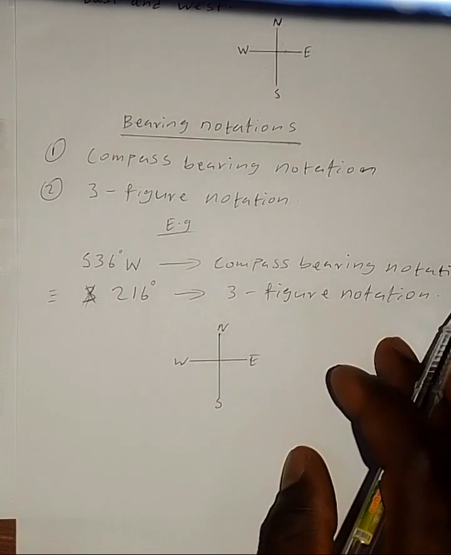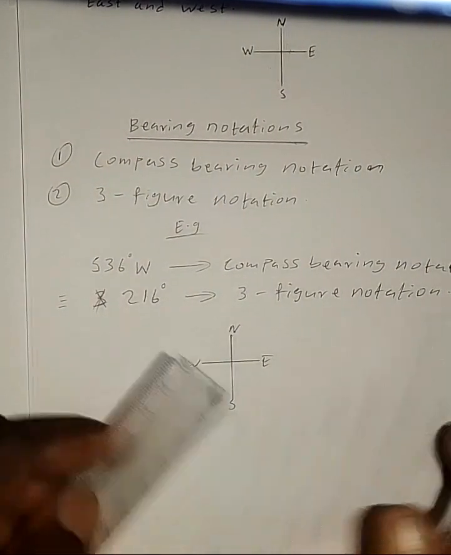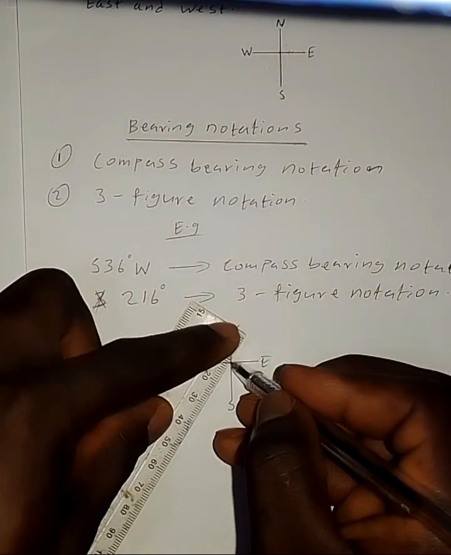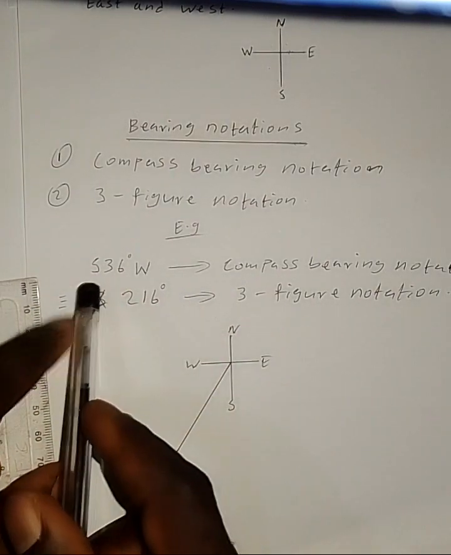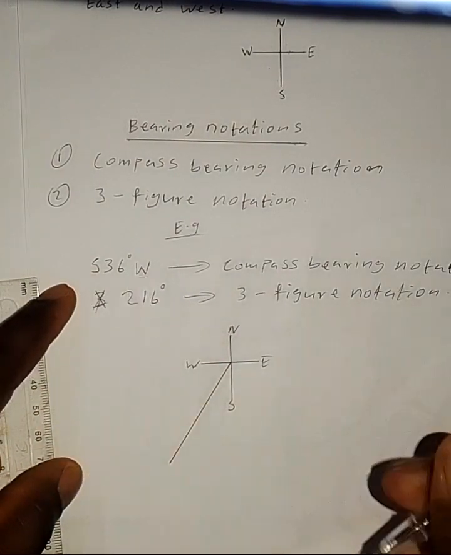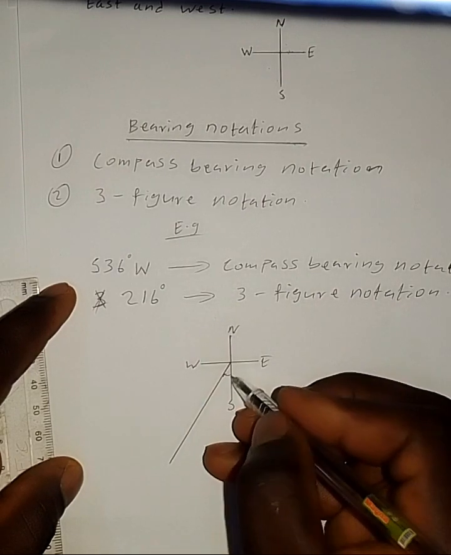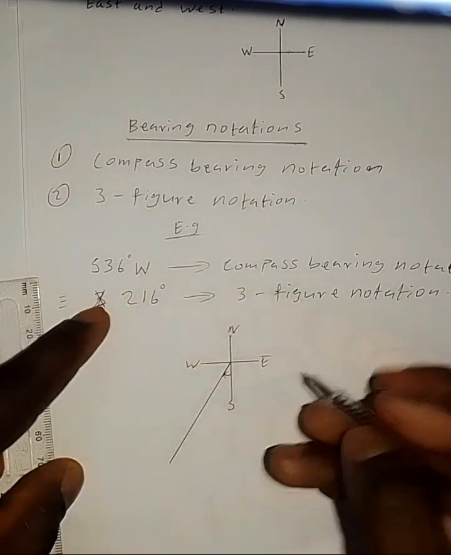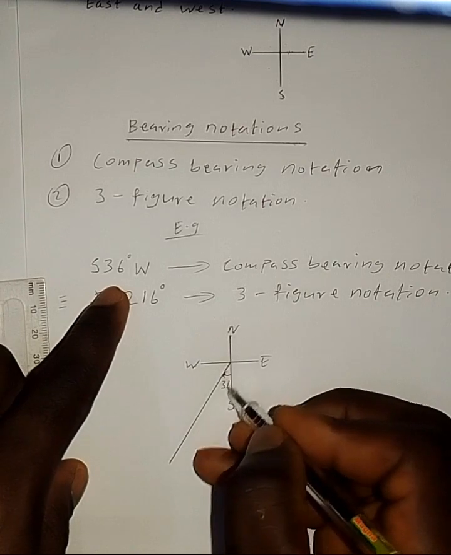Southwest is in the third quadrant, so go to the third quadrant, draw a straight line there, and label from south towards your line. The direction is from south to west, and this angle here is 36 degrees.